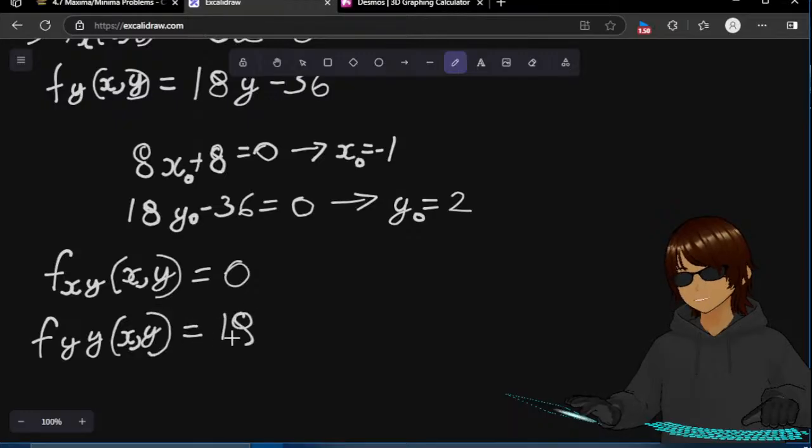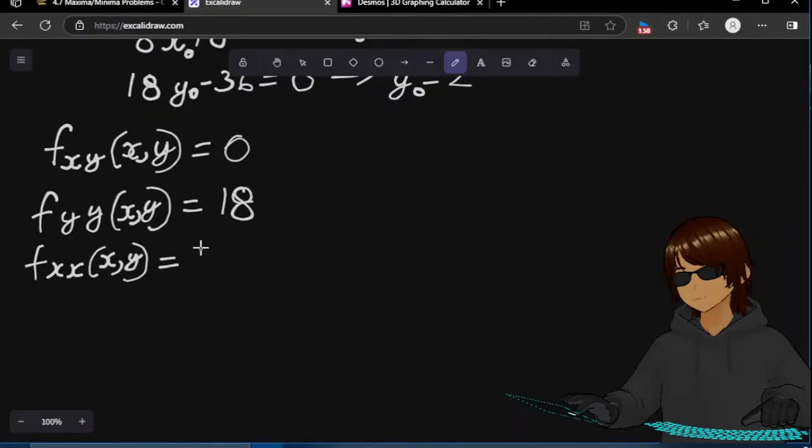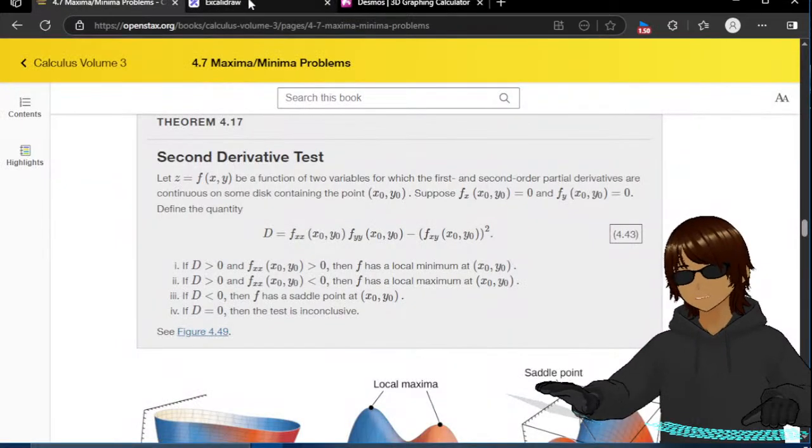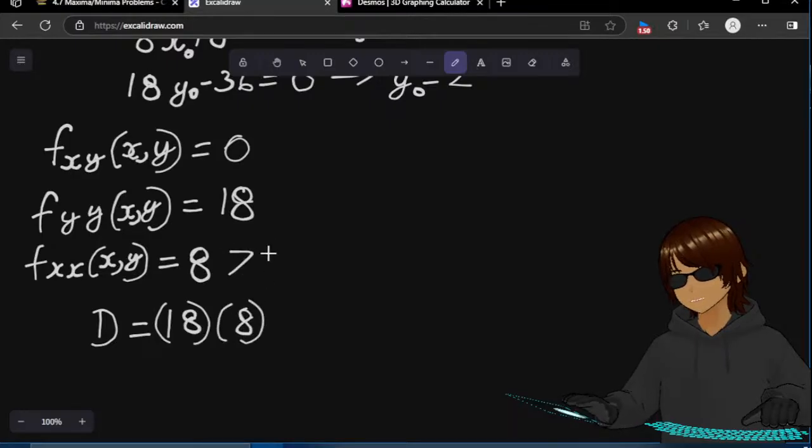This would be 18. This would be 8. And then D would be 18 times 8. 18 times 8. This is more than 0, and this is definitely more than 0.